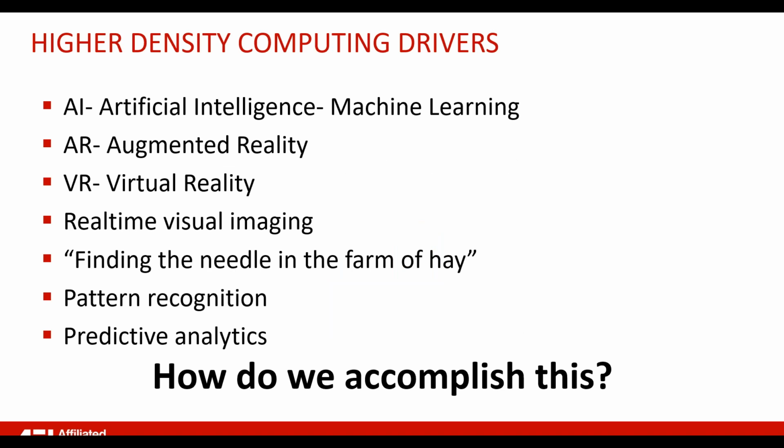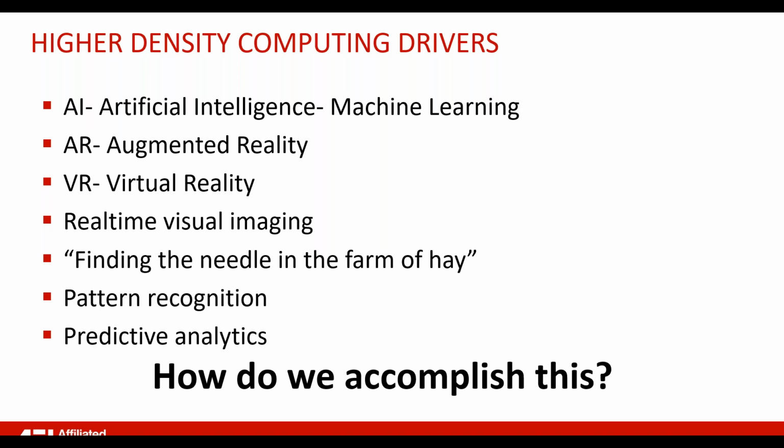So we see it all in the news. Everybody is probably connected to LinkedIn or some other media outlet where we can see artificial intelligence and machine learning, augmented reality, virtual reality, real-time imaging. As we start seeing more and more driverless cars out there, that's going to be a very large part of that capability.